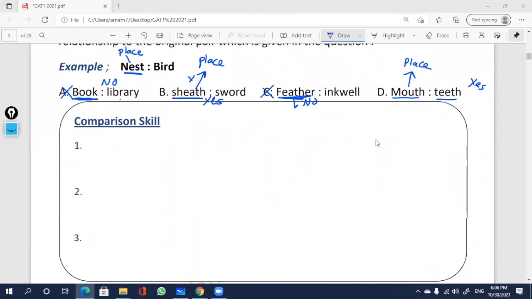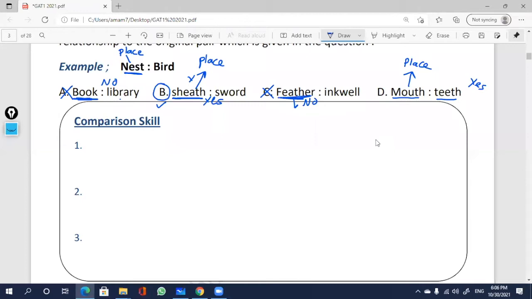Yara said it's B. Deem and Rayan said it's D. Now, if you say the best answer is B, can you explain why you chose B? So yeah, this is the best answer. This is the correct answer, B. But why?